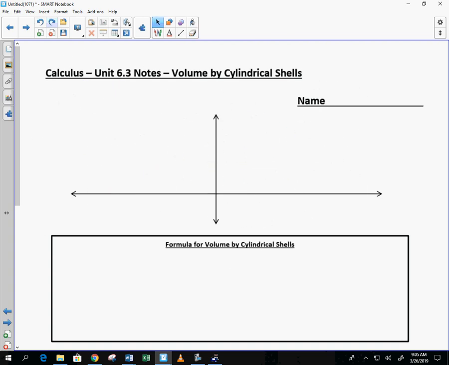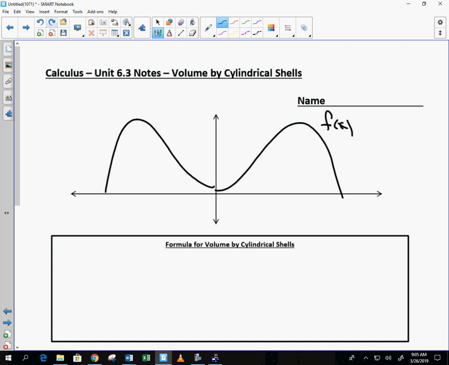Future us, exactly. So what I'm going to do is I'm going to take that f of x and I'm going to do something different. Instead of drawing these horizontal rectangles, I'm going to draw a vertical one. And I'm going to take that vertical rectangle, and what I'm going to do is this.